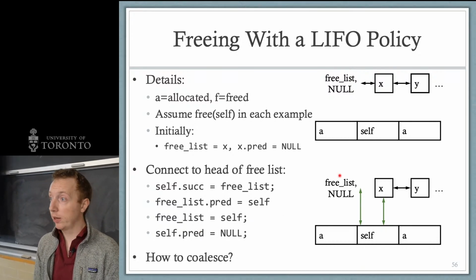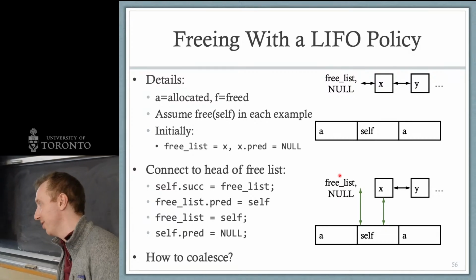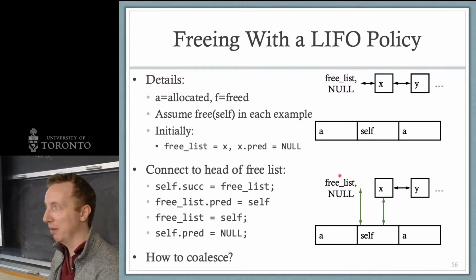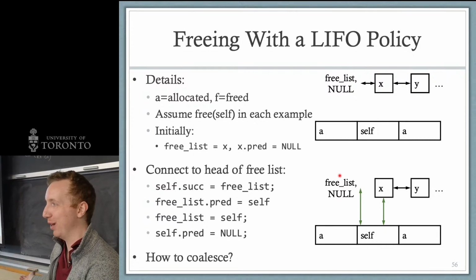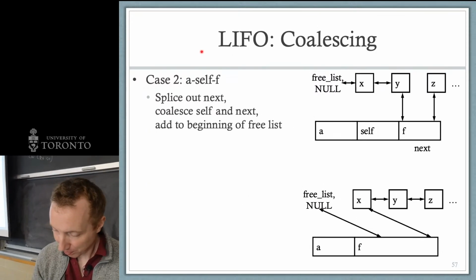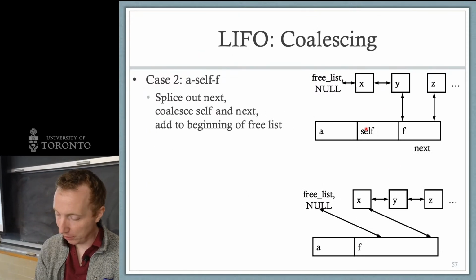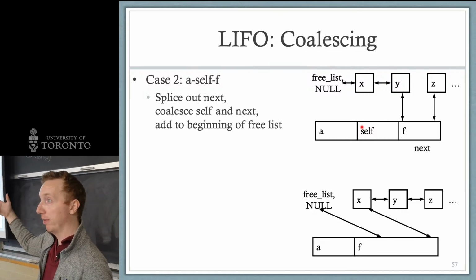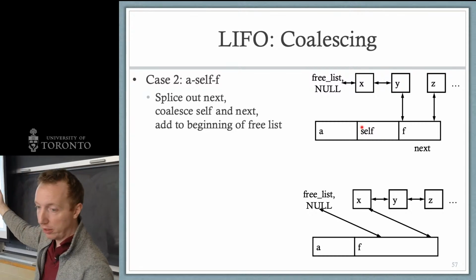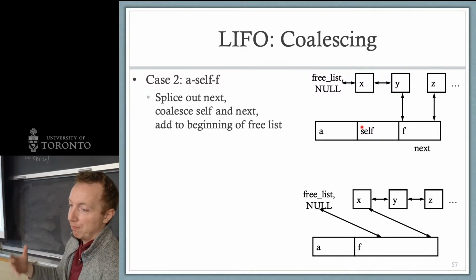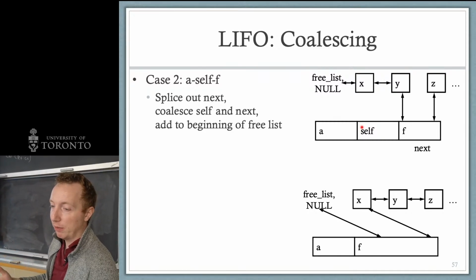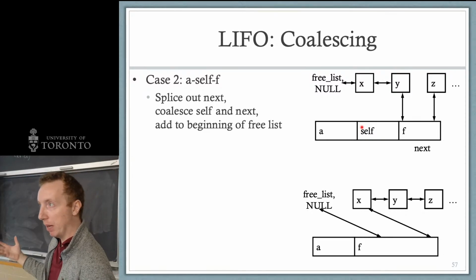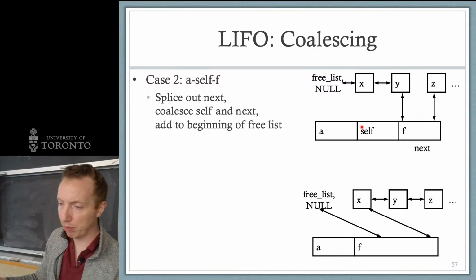Now, how do I coalesce? It's basically the same thing as before, right? I'll still have the size at the header and the footer. I just have to make sure that my linked list is proper.